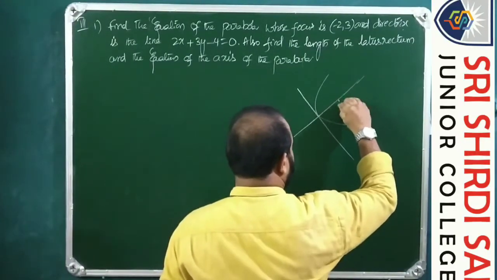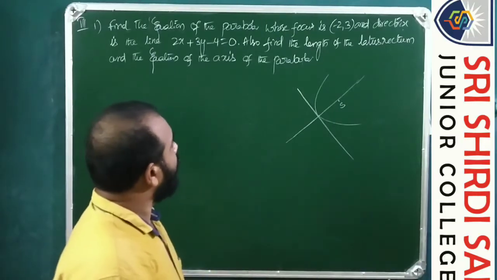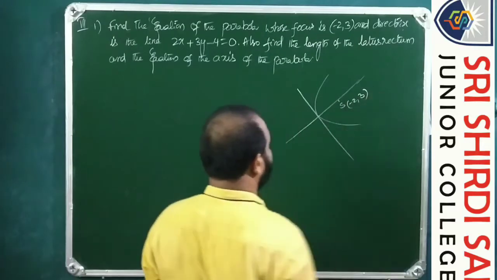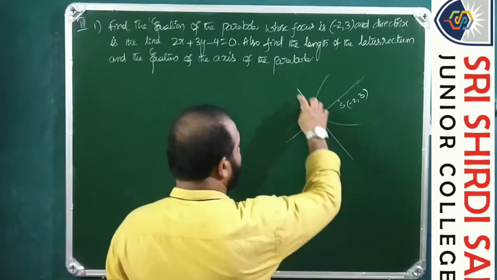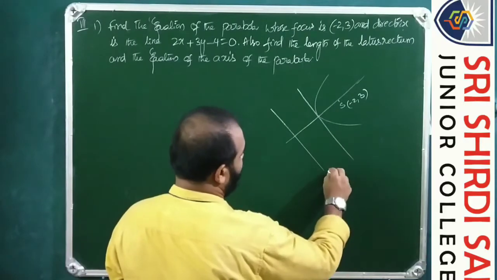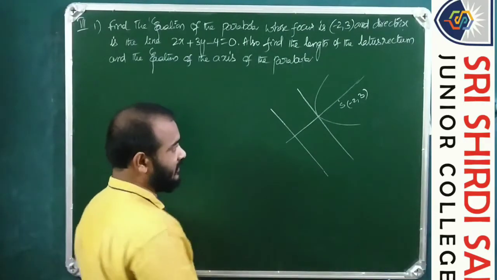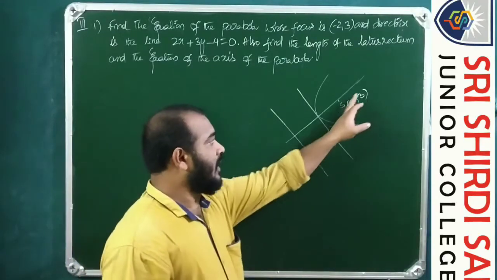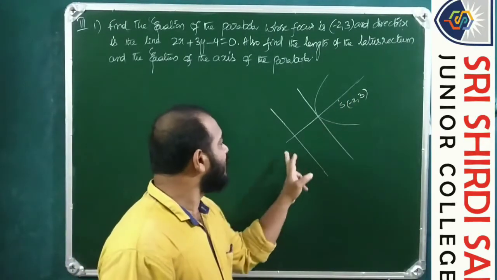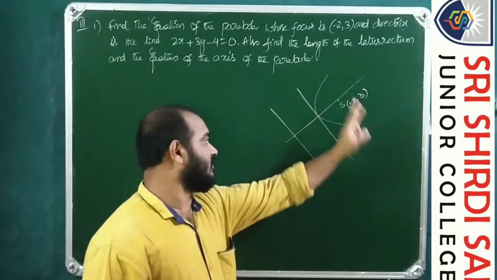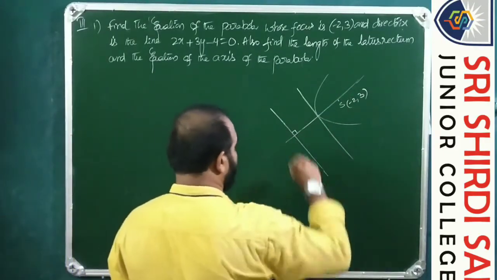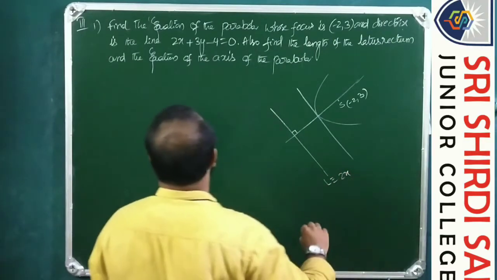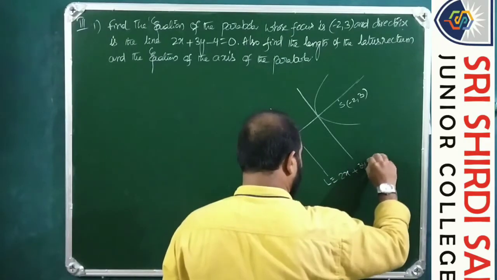This is S, the fixed point, which is the focus, given as (-2, 3), and this is my fixed line, which is said to be the directrix. The directrix is the line which is perpendicular to the axis. Now this is L, that is 2x + 3y - 4 = 0.